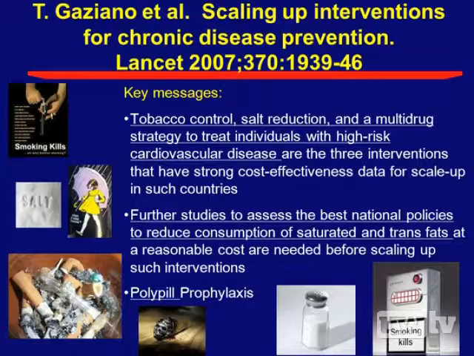And here is tobacco control, salt reduction, and a multi-drug strategy to prevent cardiovascular diseases. And I'll say a little bit more about that. Next is what are the best national policies to get us to reduce consumption of saturated and trans fats? We really don't know how to do that yet, but that's a goal.